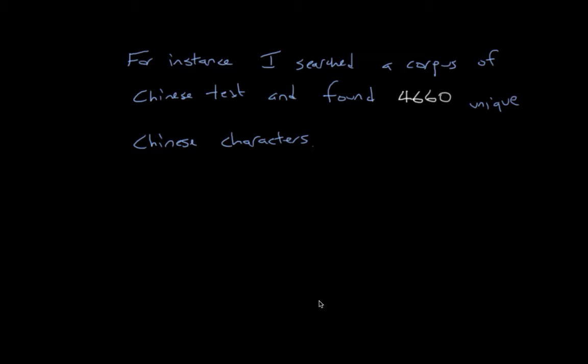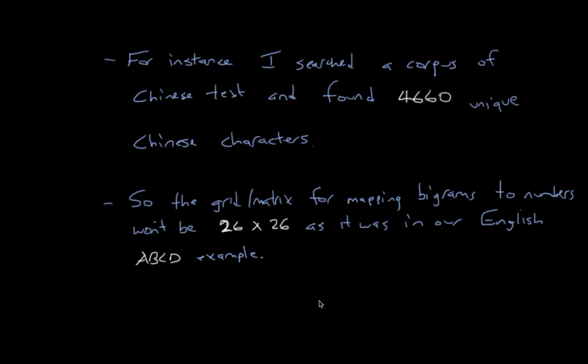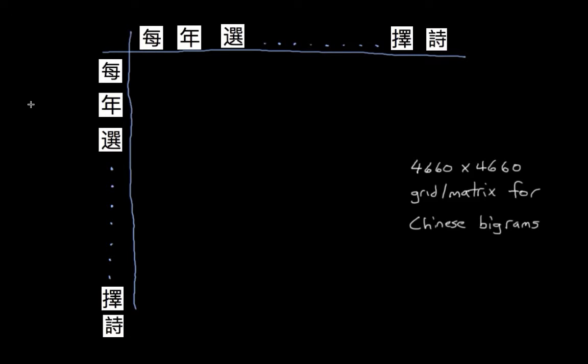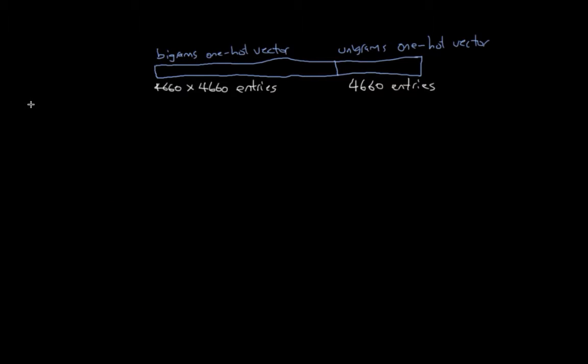And so the grid, or the matrix that we'll be using to map bigrams to those numbers, won't just be 26 times 26 entries in it. There will be 4,660 times 4,660 entries in it. So that's what the grid or the matrix will look like for the Chinese characters, and it'll have these dimensions.